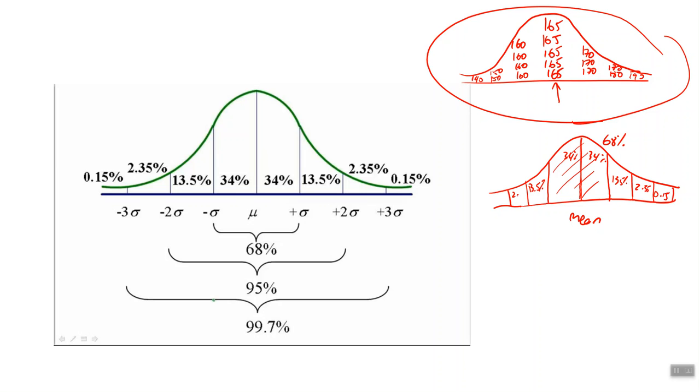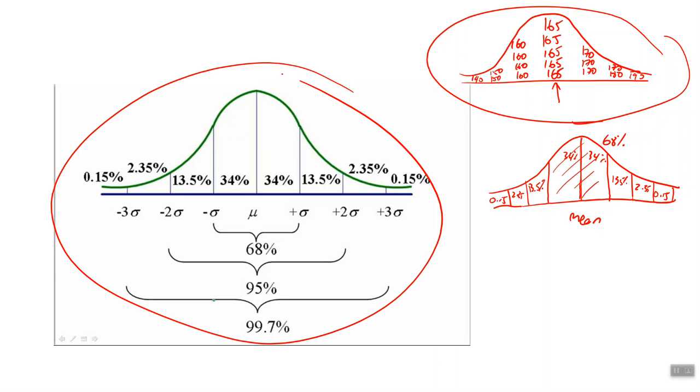You've got the mean, and this is one standard deviation to the right, two, and three standard deviations to the right. This is one standard deviation to the left, two, three from the left. Within one standard deviation from the mean on either side is 68% of the data. Two standard deviations, 95%, and three standard deviations, 99.7%.